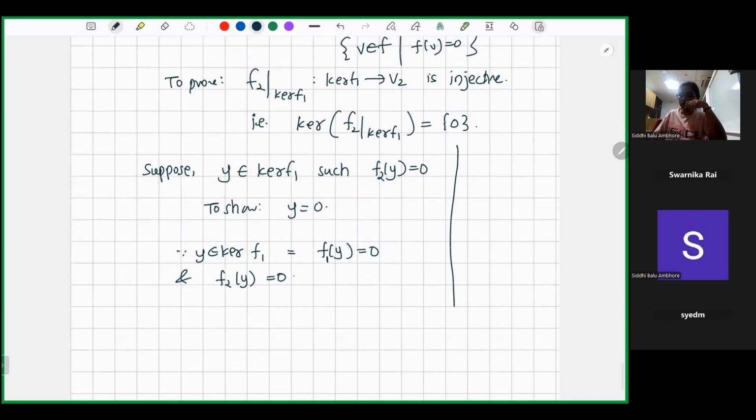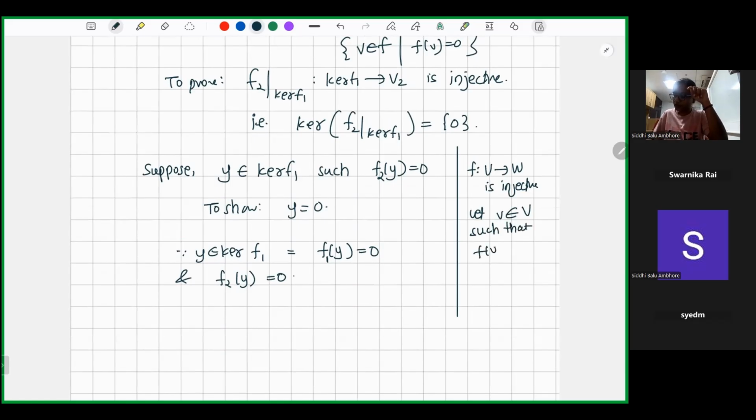I hope you know how to prove that something is injective: if I have to say that V is injective, then what I do is let v in V such that f of v is 0.